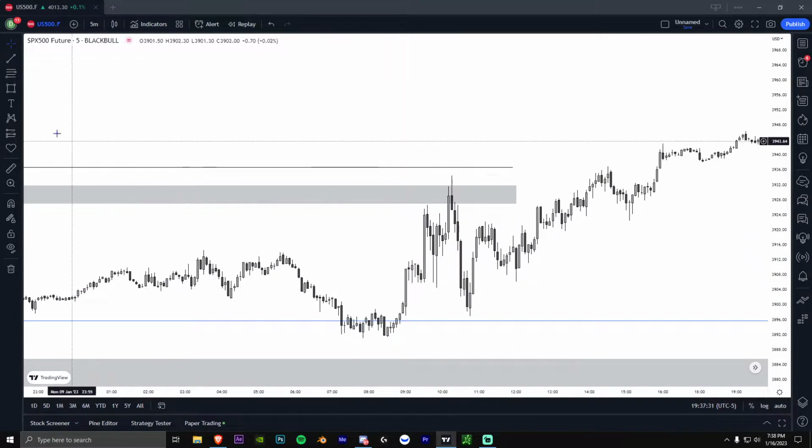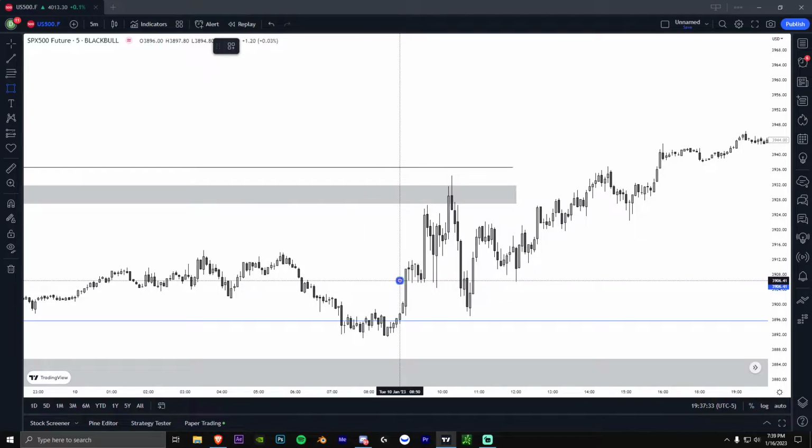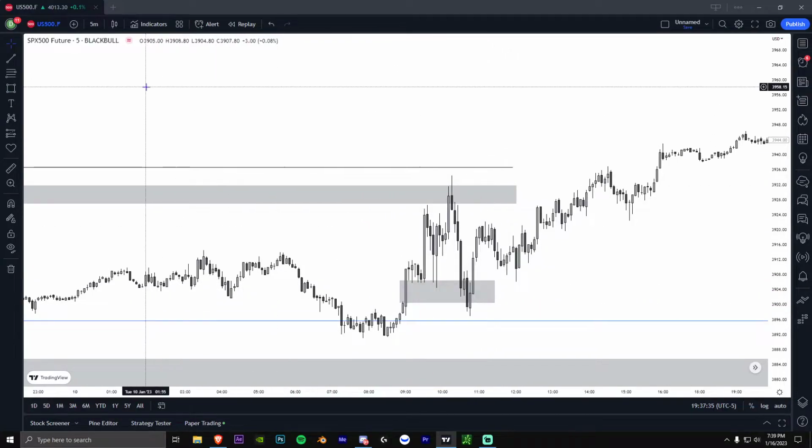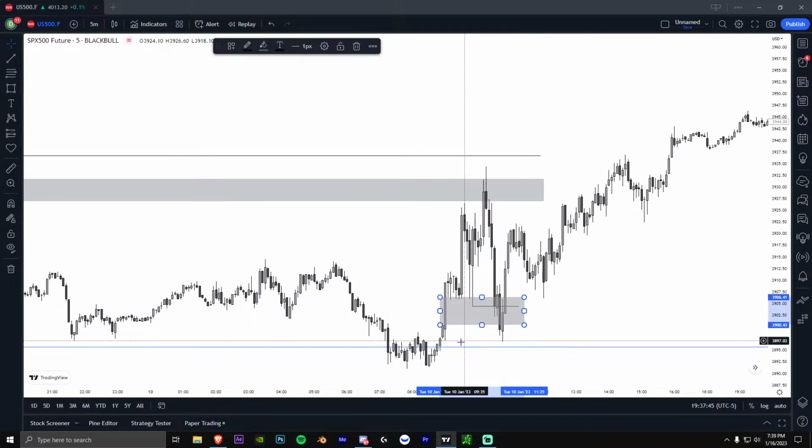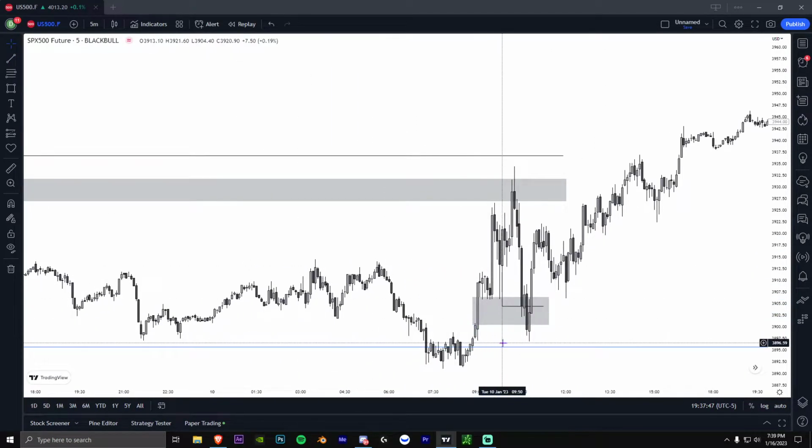So when I saw this, I saw this fair value gap. I saw that fair value gap, and what I saw was this would probably be a counter trend scalp to these lows down here, and then once I saw this, I was bullish, okay? Why was I bullish after seeing this? Well, look at this candle, boom, and then look at this candle. That's a huge shift in structure, okay?